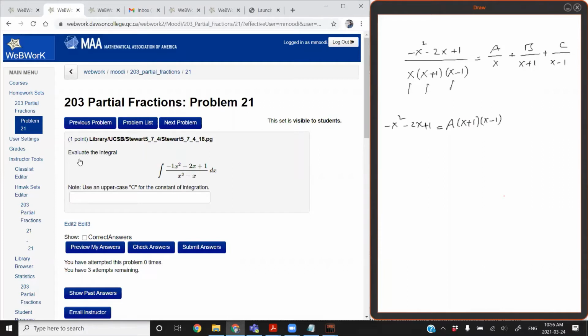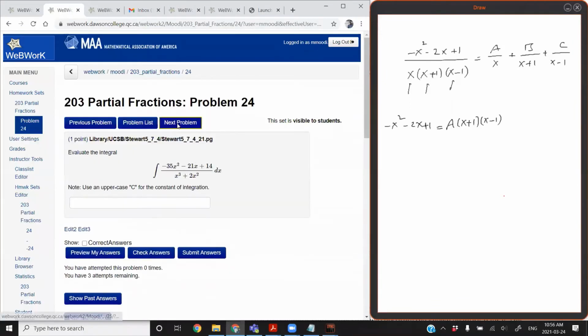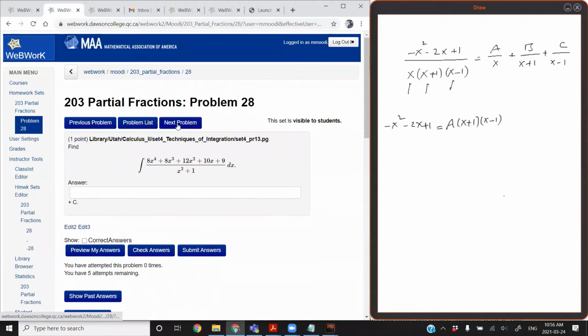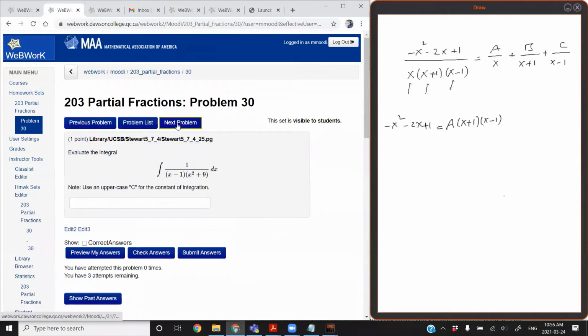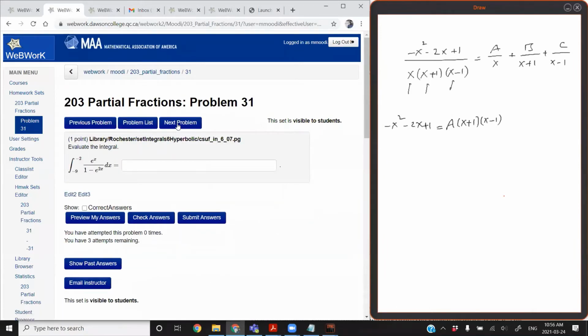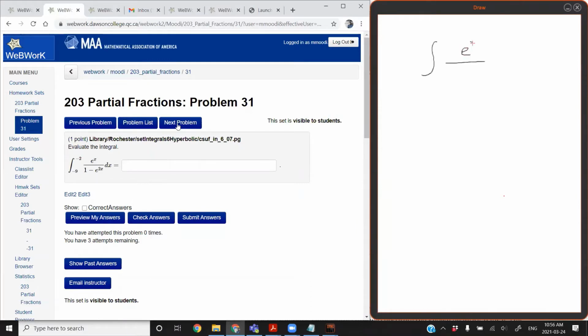Could you do number 31 of partial fractions? Yes, it's very easy. You begin with a substitution.